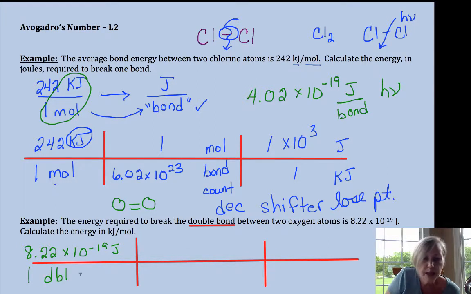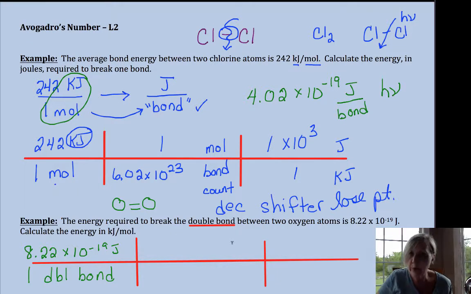So what's implied is that that's joules for that one double bond. It's implied there. And I wanted you to see this because it's just kind of assumed you should know that. Again, there are other ways to approach it, but I hope this helps you understand some of the implications in the way numbers are reported.